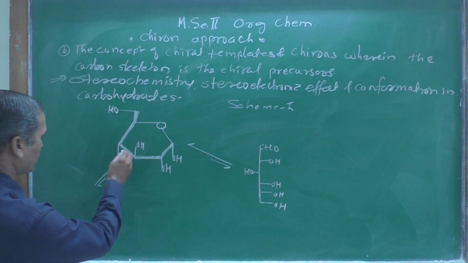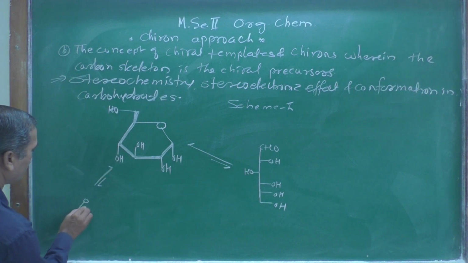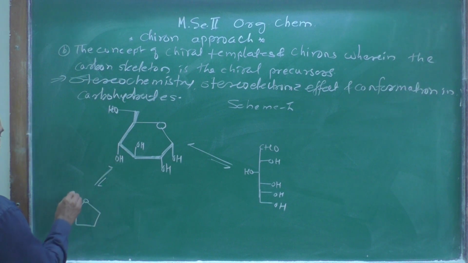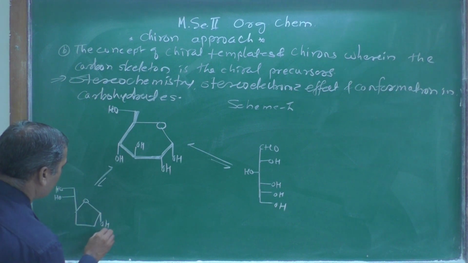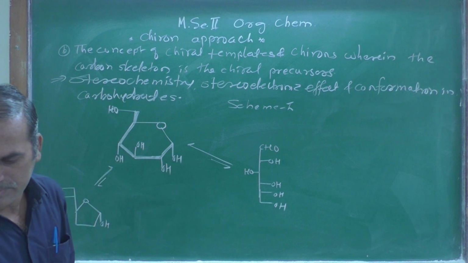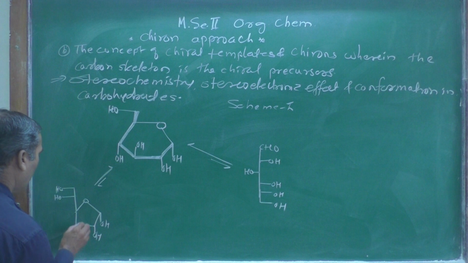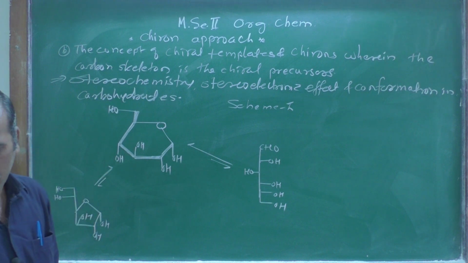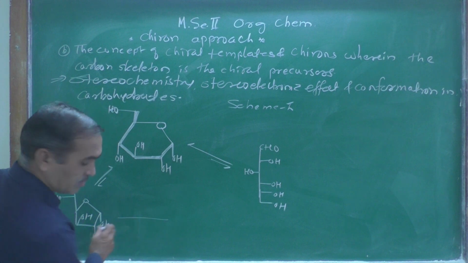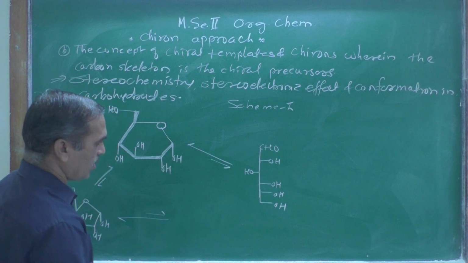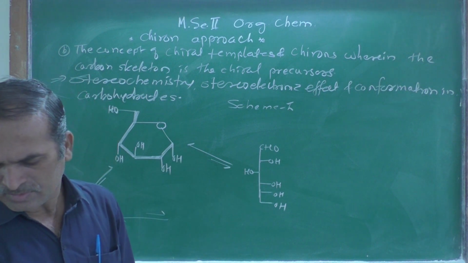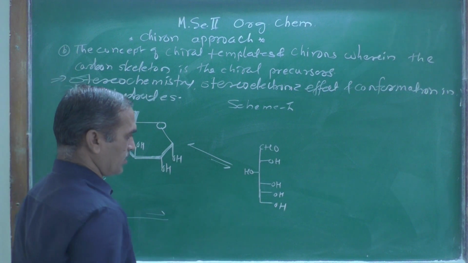We can show this interconverting. This structure may exist in this form, like this. Here HO, and now there will be one OH here, again one OH, and one OH should be there, and then this arrow is shown here, and one small arrow is present.